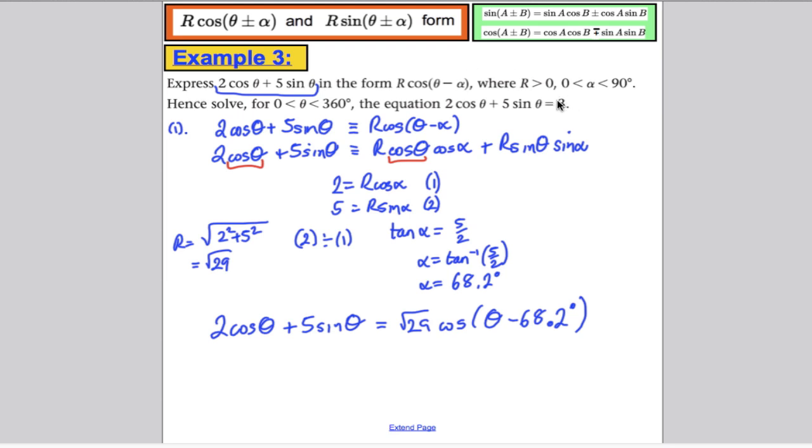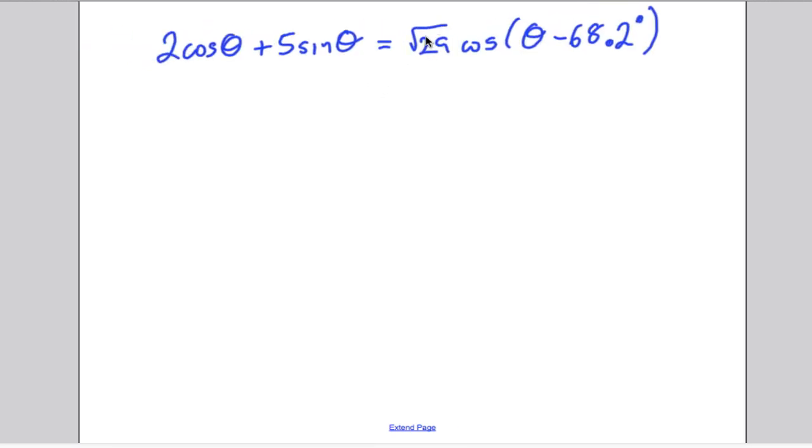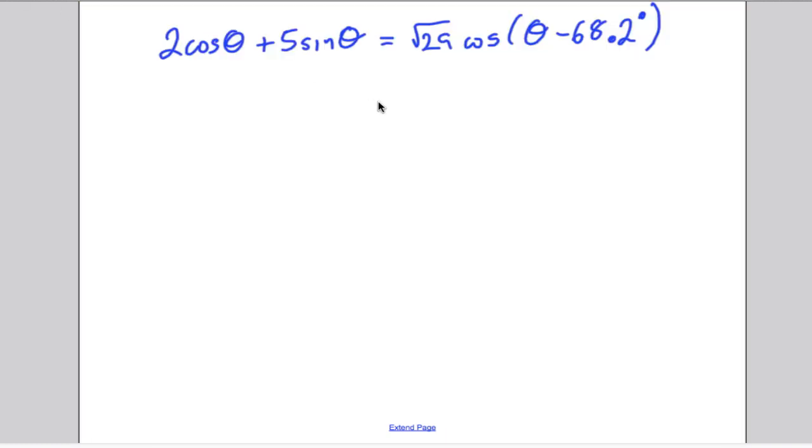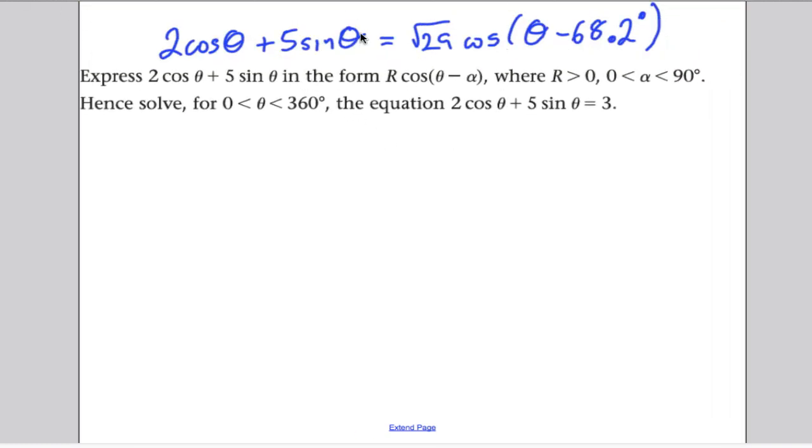It then asks us to solve an equation. Right, I'm going to just copy this here. We've got that from our previous working, and we are asked to solve the following equation. I'm just going to write this underneath it.